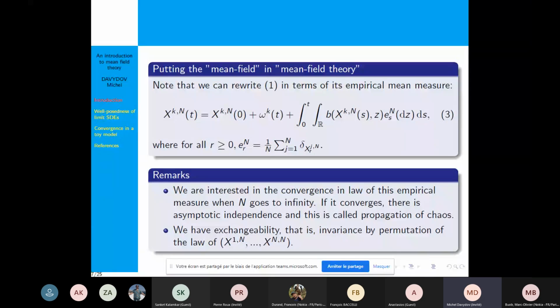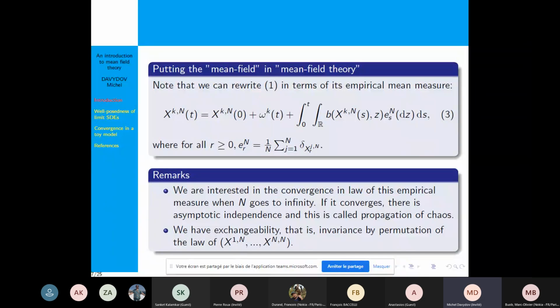If there is a convergence of this empirical measure, these dynamics will preserve this independence at infinity because we have asymptotic independence. This idea of preserving independence, which can be seen as preserving the chaos inside the system, is the reason this is called propagation of chaos. Is that clear? And if it's not, please feel free to ask questions.